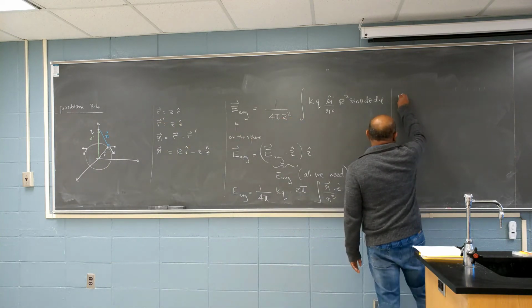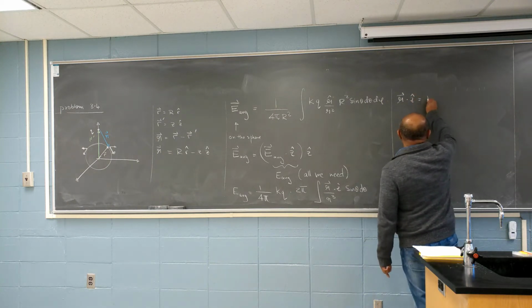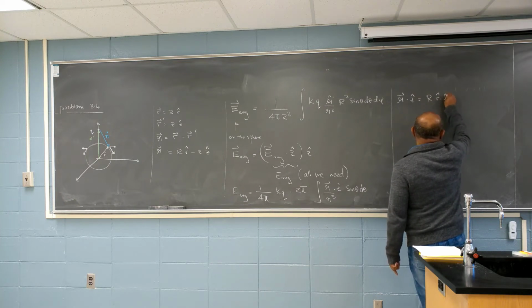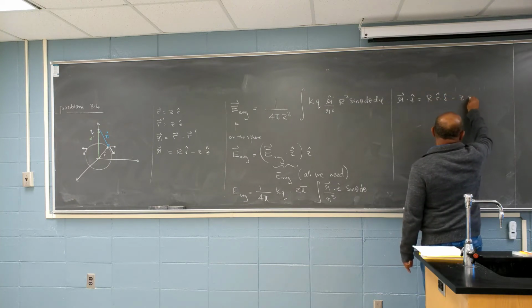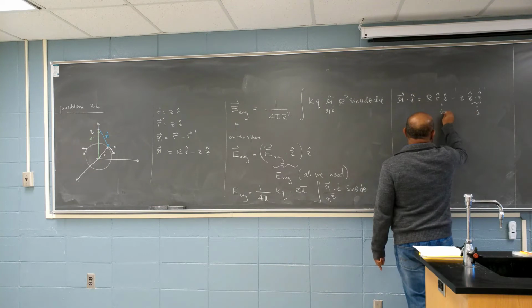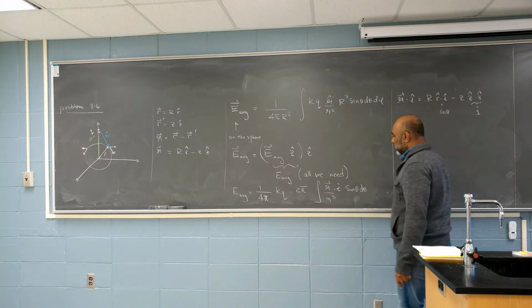So, r hat dot z minus z hat dot z hat. This is 1, and this is cosine theta.